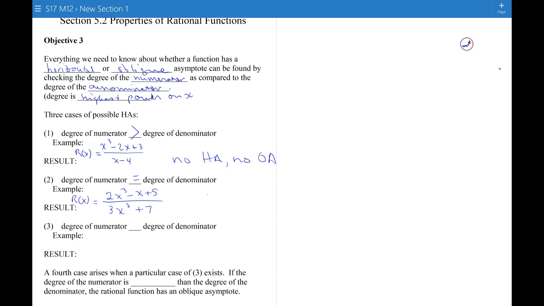And then what happens is you get an HA. In this case, y equals 2/3. It's the ratio of the leading coefficients. So you need to know those vocabulary words. So it's the ratio of the leading coefficients if the degrees are equal.